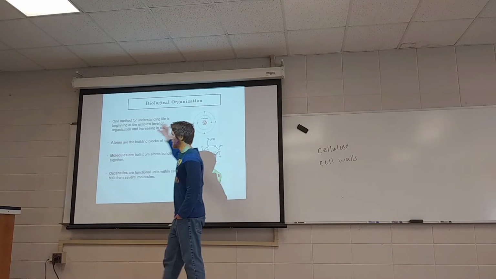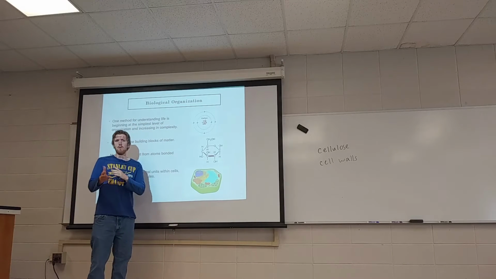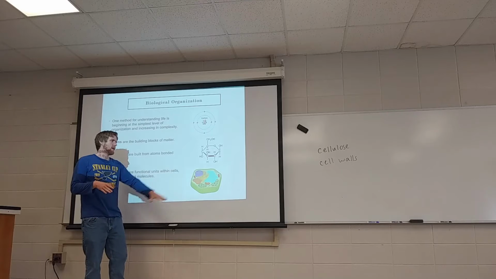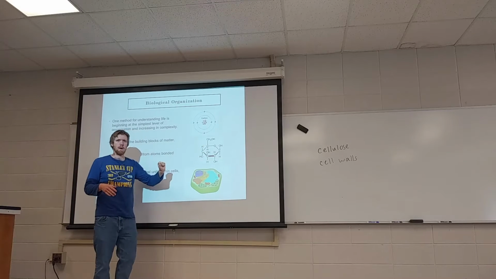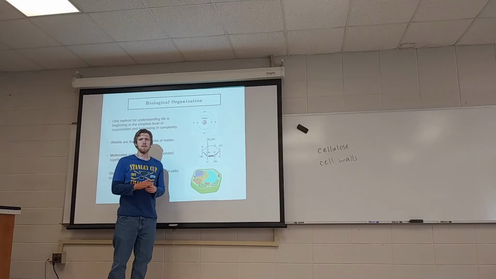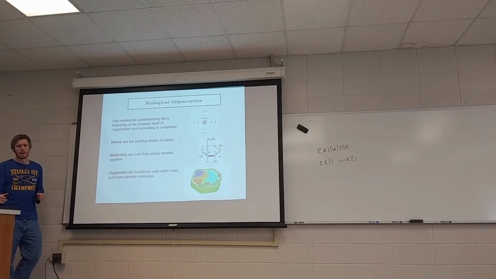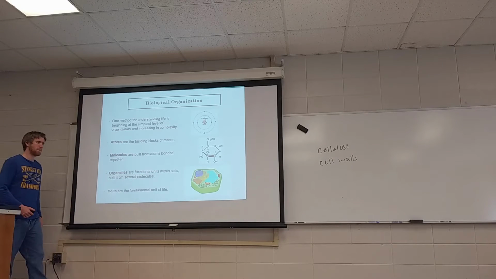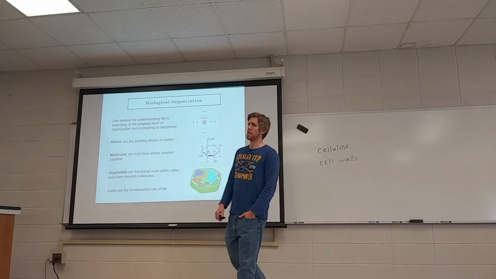But individual atoms bond together to form molecules. Molecules are arranged in such a way that they make up organelles, like our glucose are arranged in the form of cellulose as part of the cell wall organelle. The organelles all together form a functioning cell, and we have now reached the cell level of complexity.